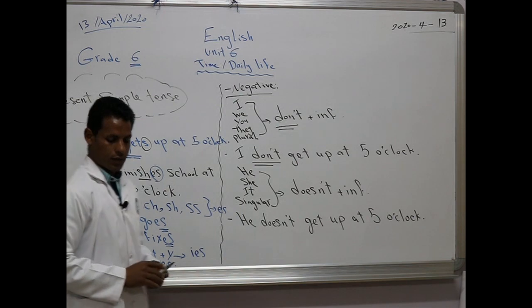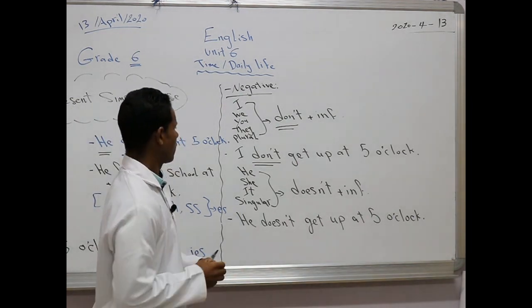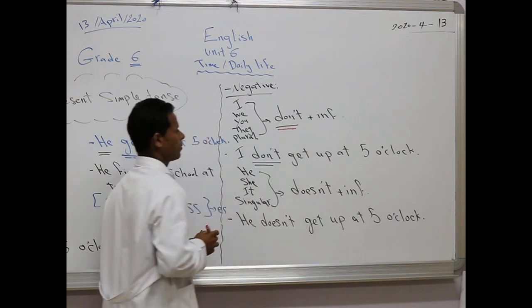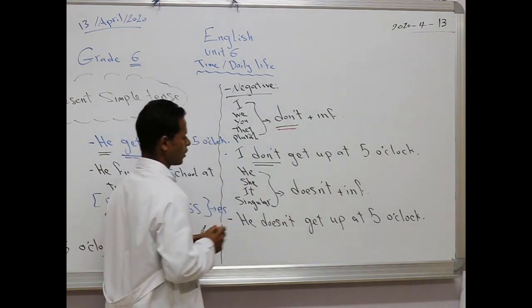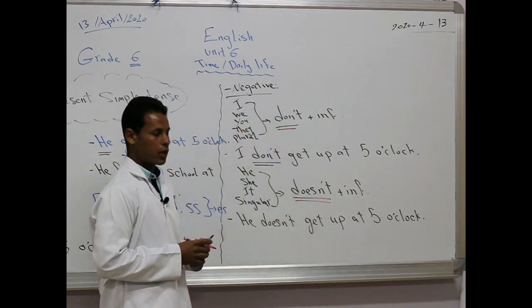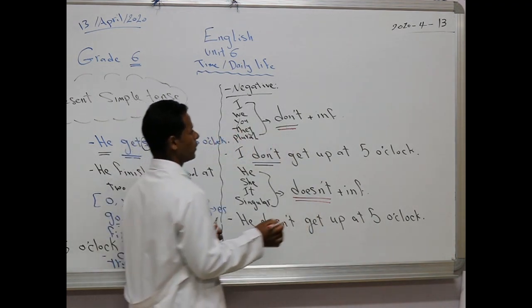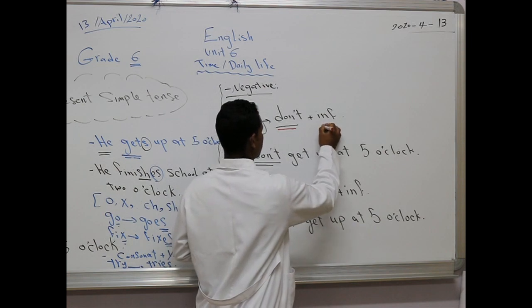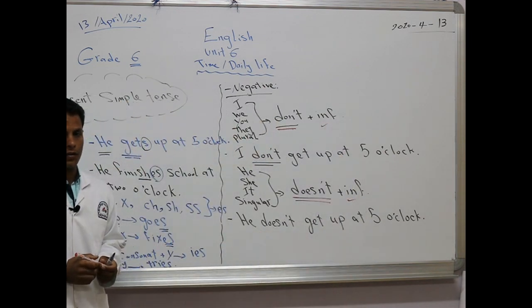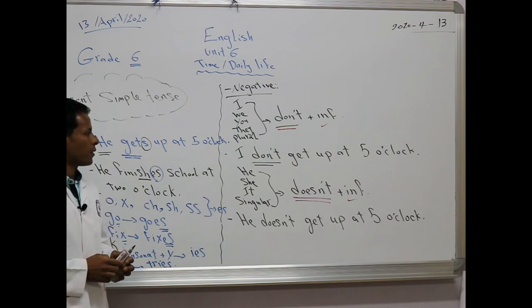We can see that we make a negative with the plural by don't, with the singular by doesn't, and we use the infinitive in the negative for both types.